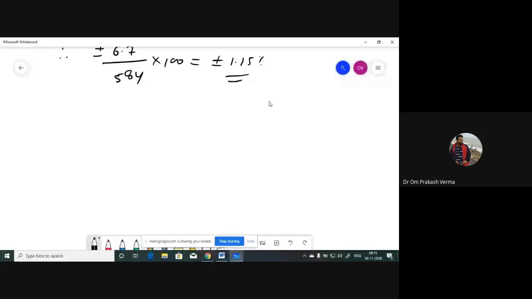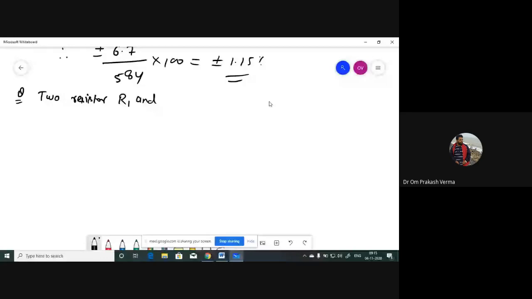Two resistors R1 and R2 are connected in series, and then it is connected in parallel.